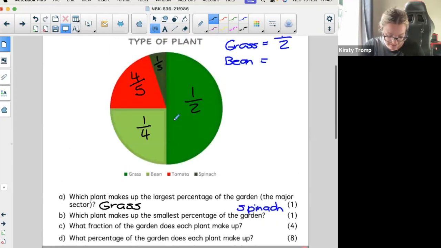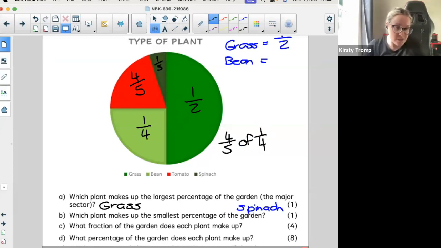Let's go back here quickly. Apologies. Let's look at tomatoes quickly. Tomatoes can't be 4/5, because that's 4/5 of the circle. That doesn't make sense. Mr. Hugo, you are right, 4/5 would make a whole. So it's going to be 4/5 of a quarter.